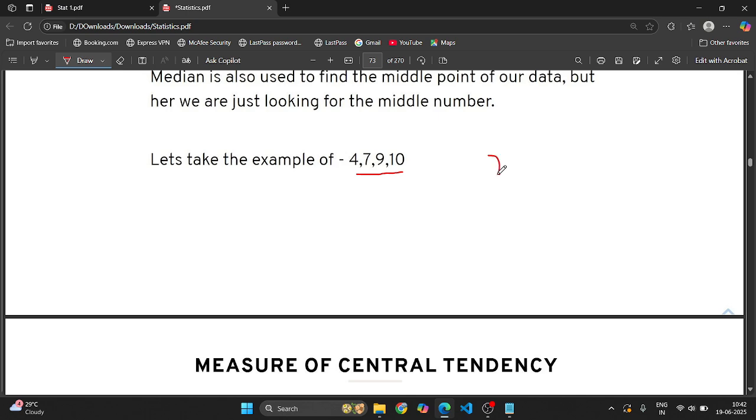Our middle two elements are 7 and 9. We add them up and divide by 2. So that will be the median of this data.